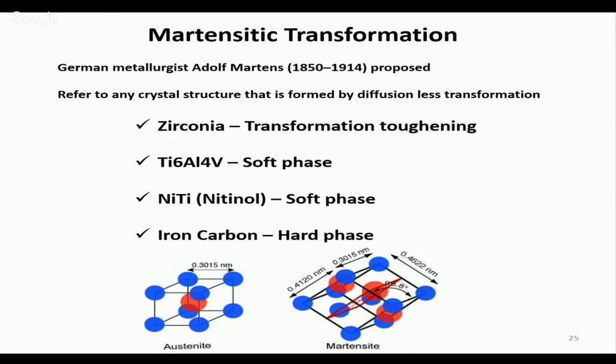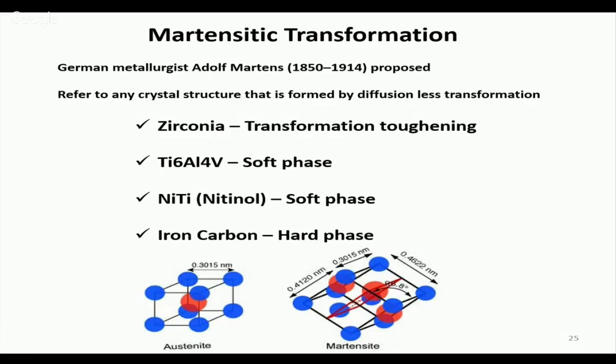This was proposed by Martens, a German scientist, and for zirconia, the transformation toughening property was proposed by Swain and Hannink. Ti64 also has Martensite transformation, or transformation toughening. Nitinol also has transformation toughening. Iron also has Martensite transformation.